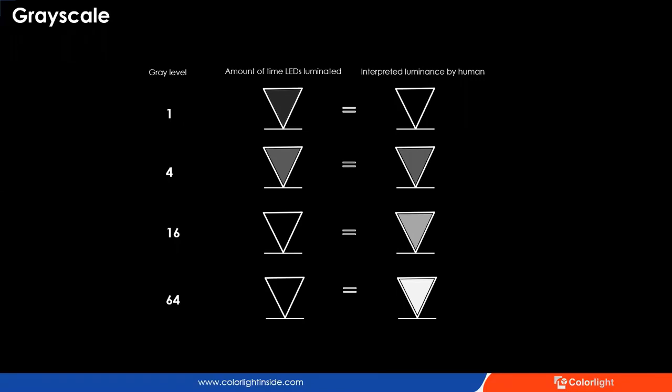The same principle applies for gray level 16 and gray level 64, and other gray levels. The amount of time an LED needs for representing gray level 1 is also called minimum OE.